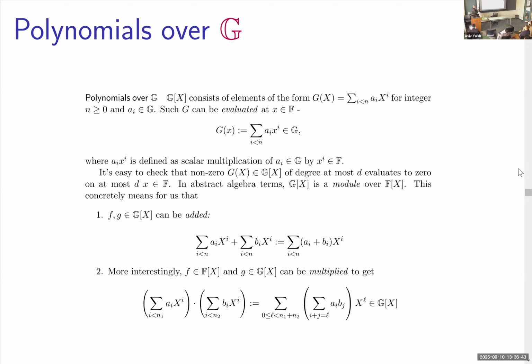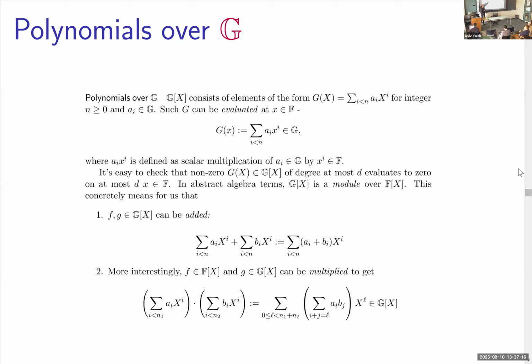So, what does it mean to look at polynomials over a group? By polynomial, we just mean a formal expression, some sum of A_i x^i, but now our A_i is a group element. Such a polynomial can be evaluated at x in the field, so the input of the polynomial we're still thinking of as over the field.